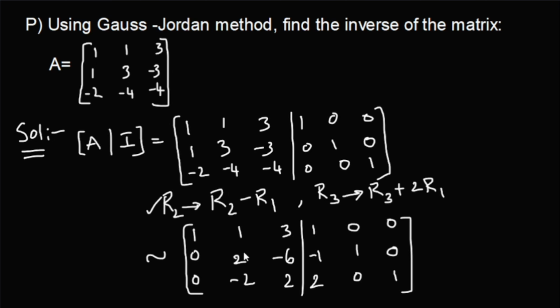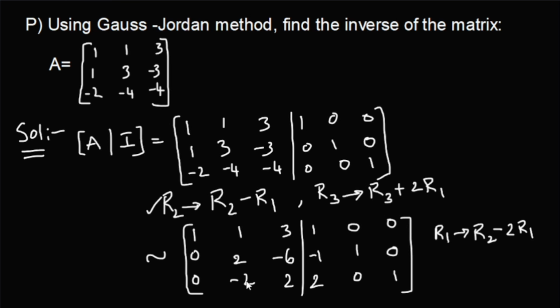So how to get 0 here? Using 2, it is R2. We are going to modify R1 like R1 minus R2. 2 minus 2 into 1, 2. 2 minus 2, 0.